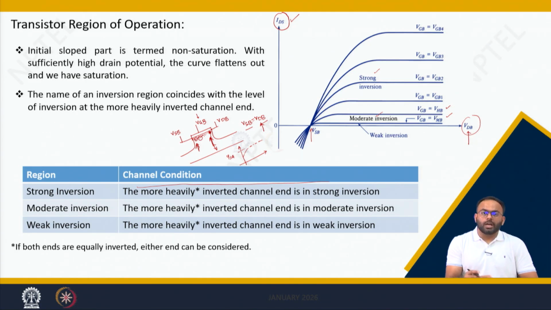We see which region of the channel is inverted more. This end is in strong inversion and this end is in weak inversion, so we say the region of operation is strong inversion. Suppose VGB is such that this end is in moderate inversion and this end is in weak inversion, we say it is in moderate inversion. Likewise, we will follow this naming of inversion regions throughout this course.